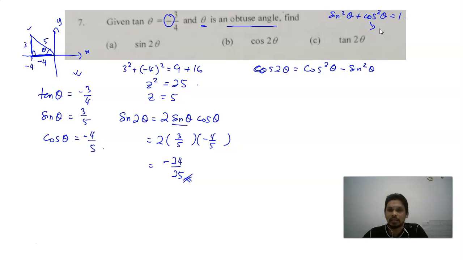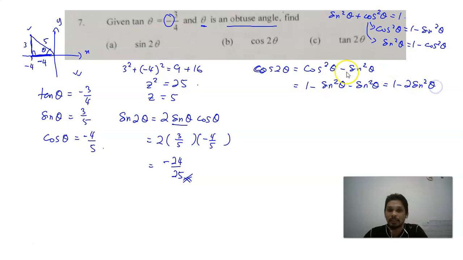From here, cos square theta equals 1 minus sine square theta, and also sine square theta equals 1 minus cos square theta. Substitute cos square equals 1 minus sine square, so we get 1 minus sine square theta minus sine square theta, which equals 1 minus 2 sine square theta.